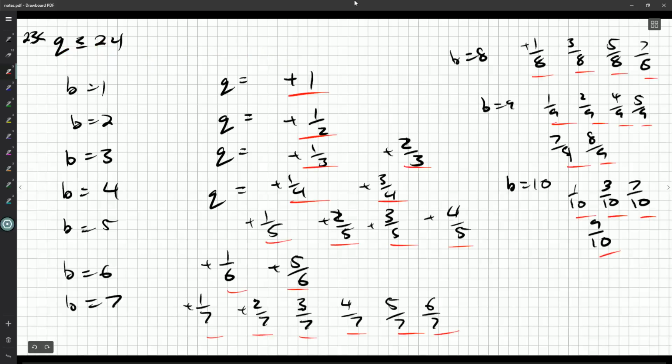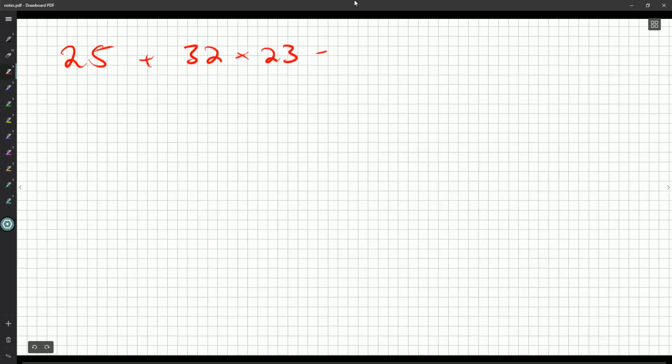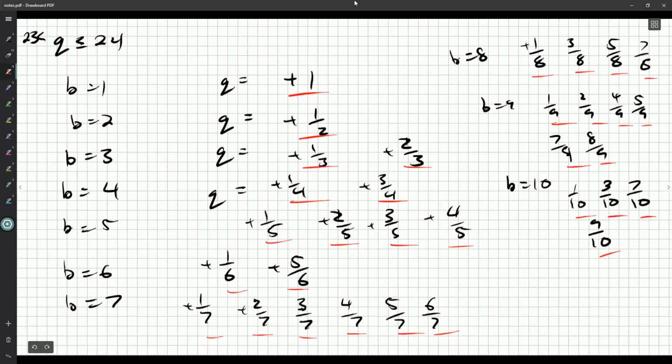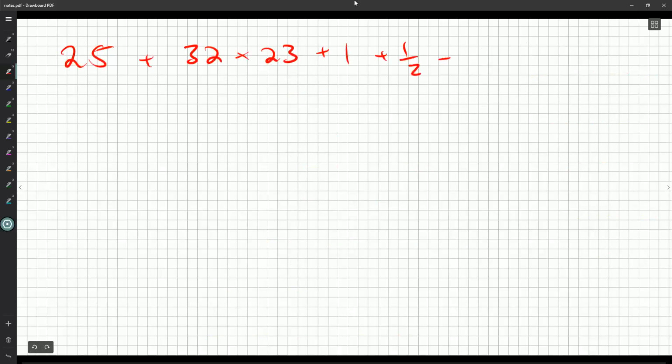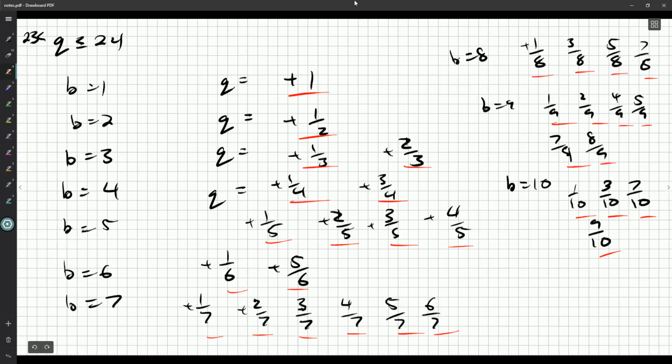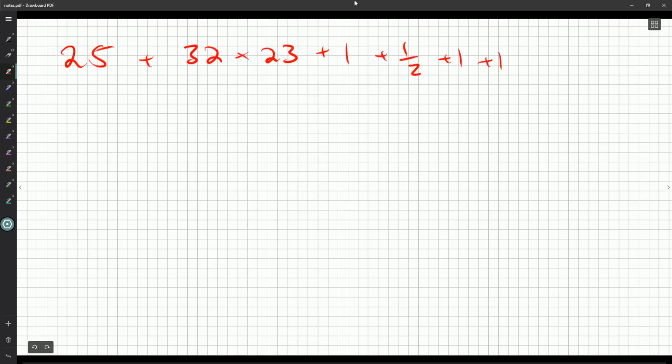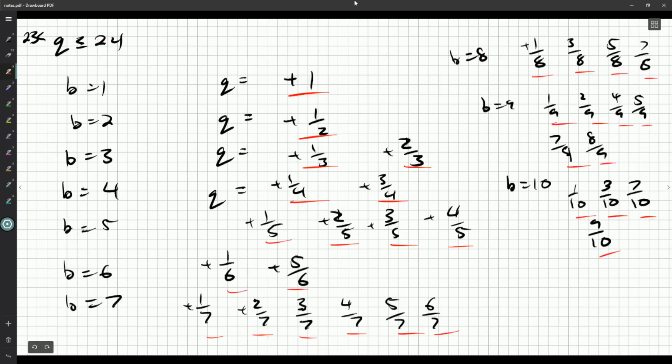So it'll be plus a 1, plus a 1/2. And then the 1/3 and the 2/3 will turn into another plus 1. The 1/4 and 3/4 turns into another plus 1. So this might be where that 1/2 comes from. 1/5 and 4/5 pair up. 2/5 and 3/5 pair up. In fact, everything's going to pair up.